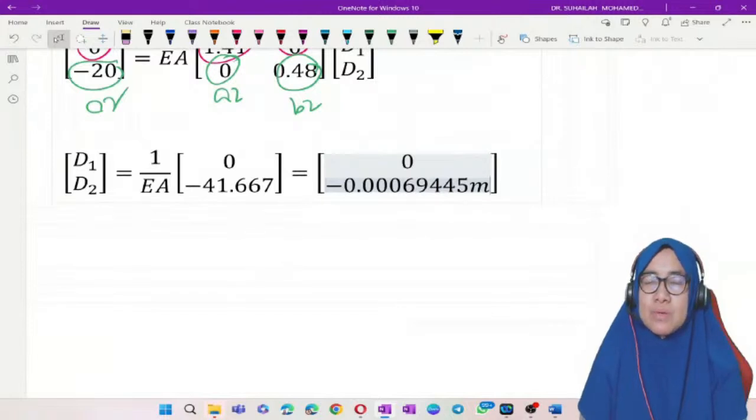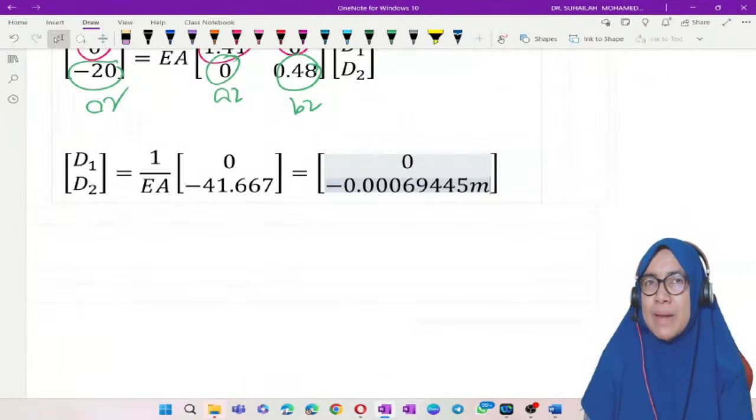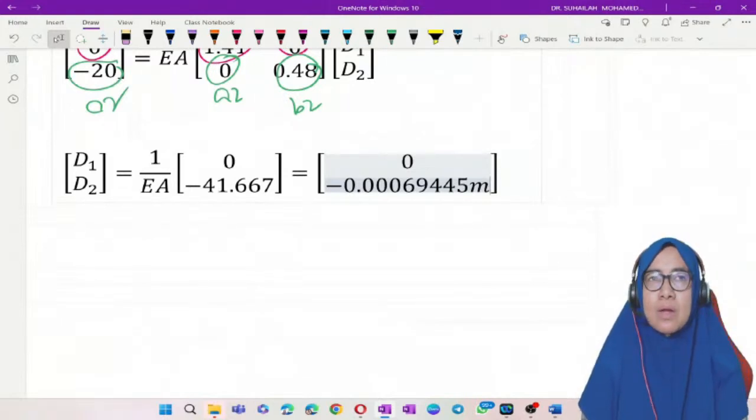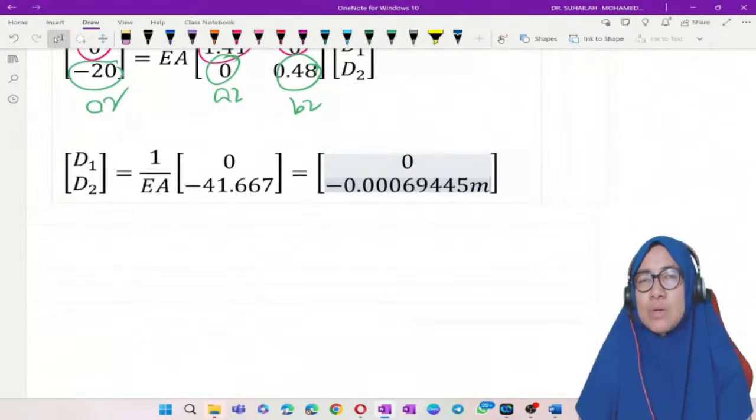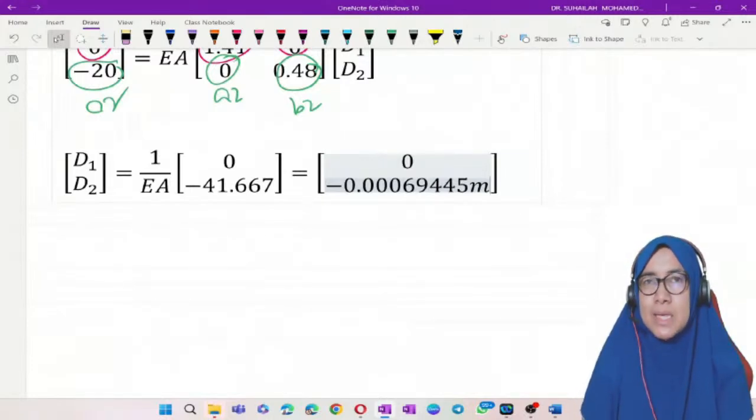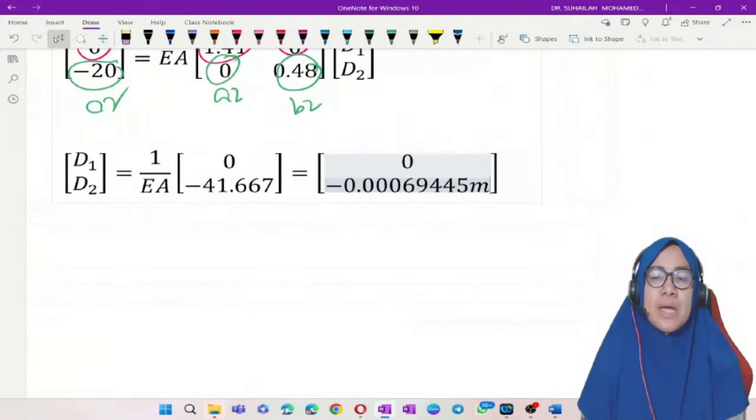For member forces, we use a formula. Please remember the formula to calculate member forces, because it will not be given in the final exam. Inside the formula sheet you will only be given the formula for K as well as the formula for fixed end reaction. There is no formula given to calculate the member forces, so please remember that.